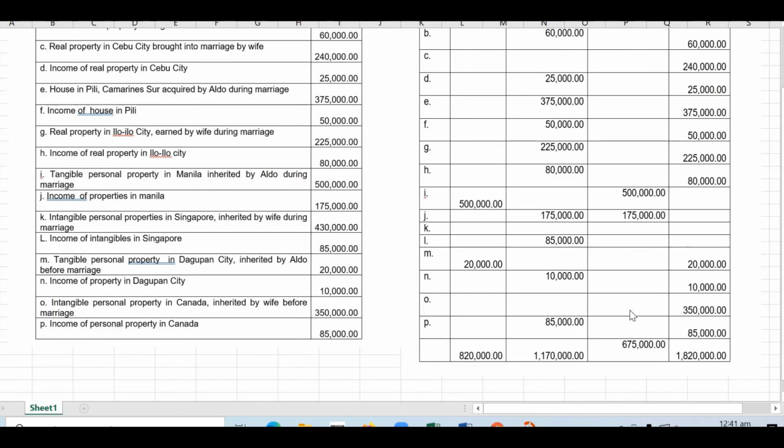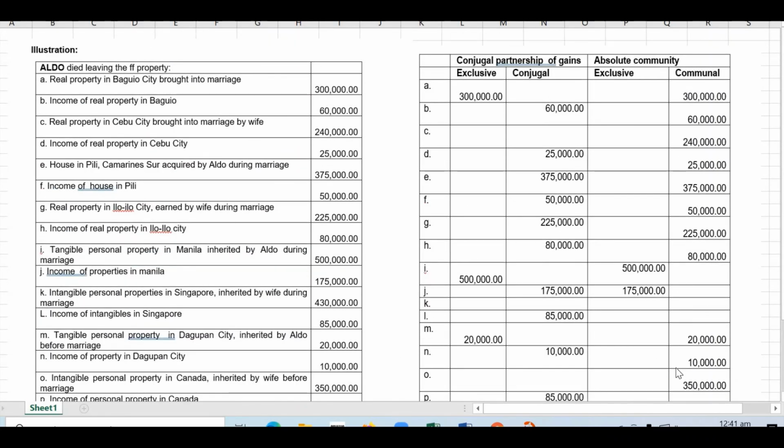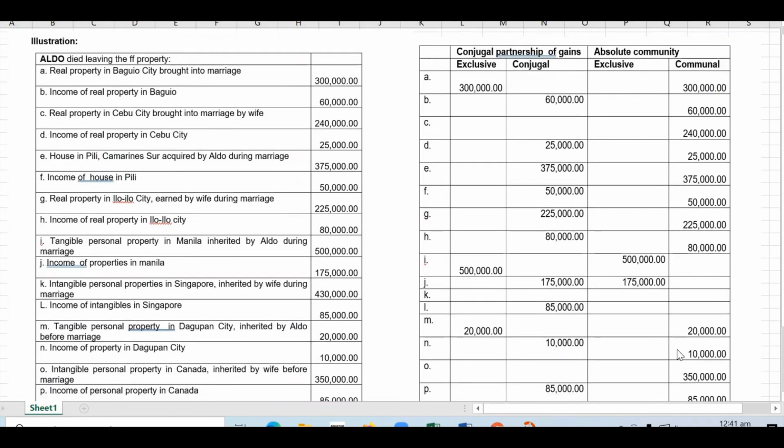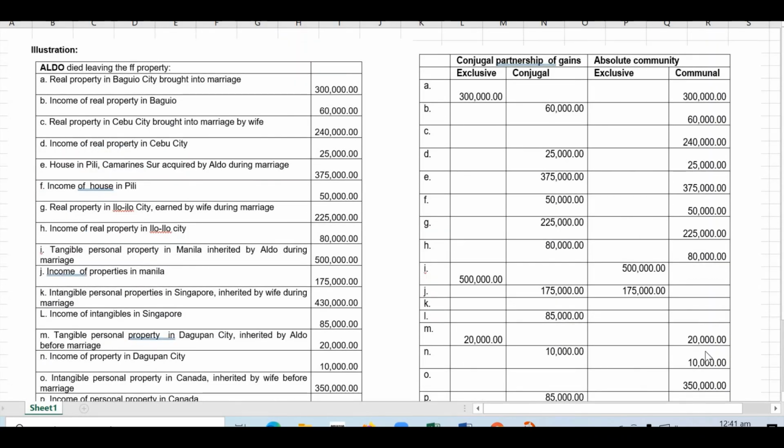Sa absolute community naman, the exclusive properties are 675,000 and the communal property is 1,820,000. So again, the gross estate is the sum of the exclusive property and the part of the communal property. So yung gross estate ng decedent is yung exclusive property niya plus the conjugal property or communal property ng husband and wife.